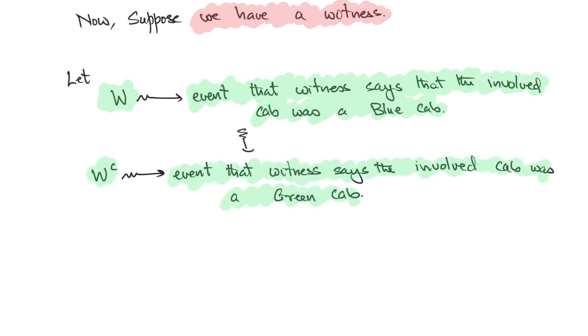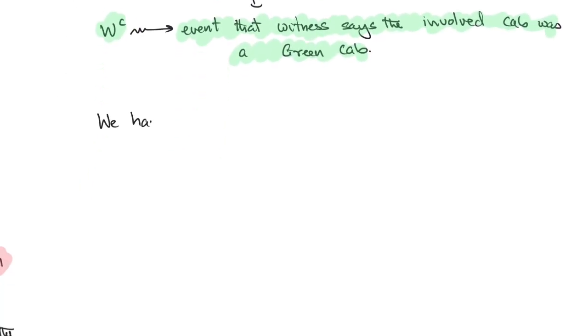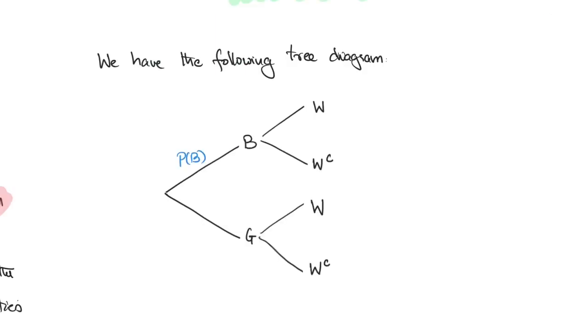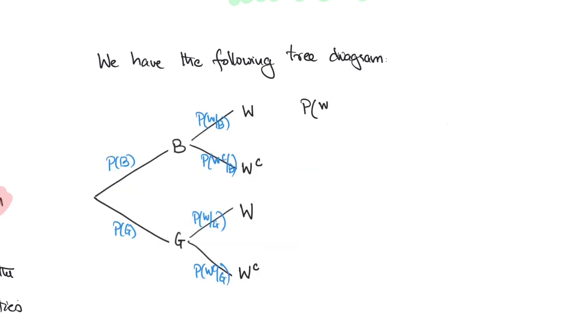We have the following tree diagram where the first layer corresponds to the color of the cab, and the second layer corresponds to the witness testimony given the color of the cab. So we have four different conditional probabilities to work with over here.